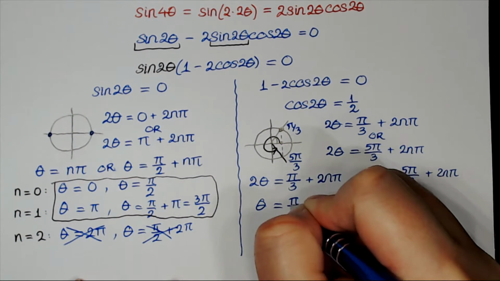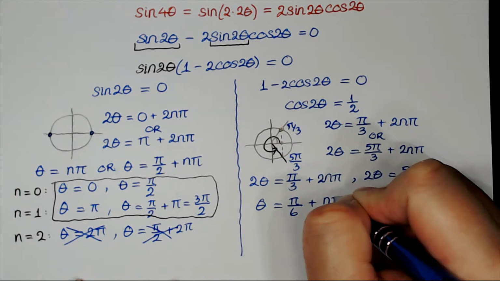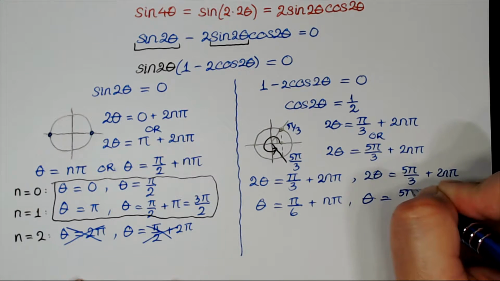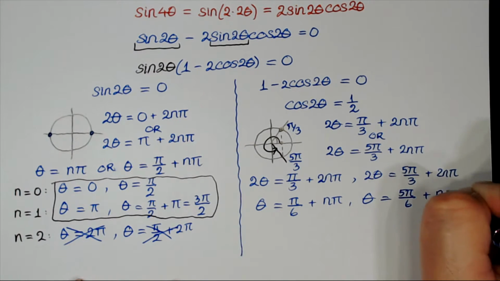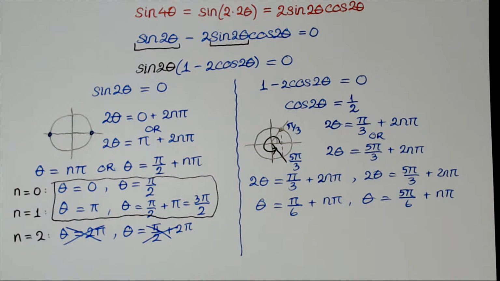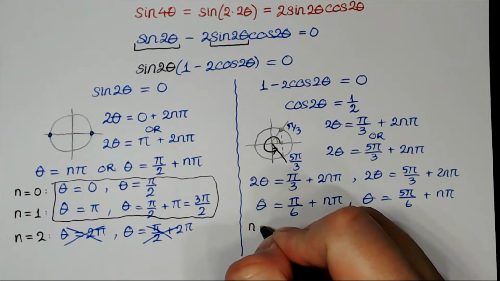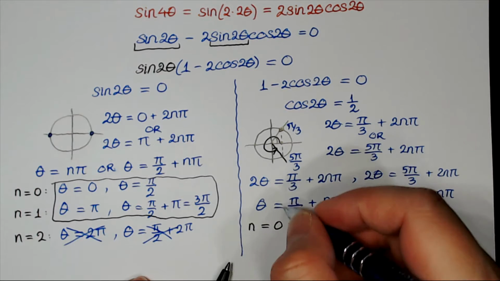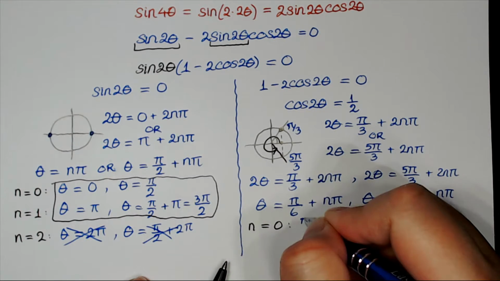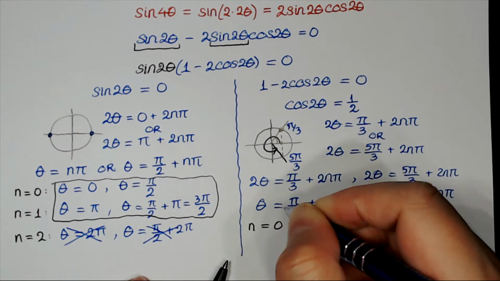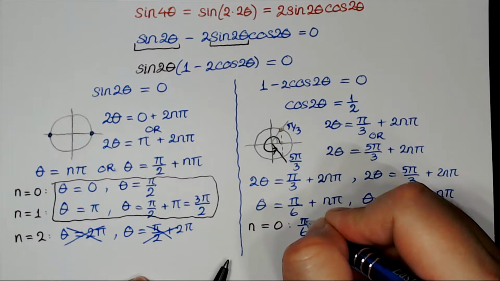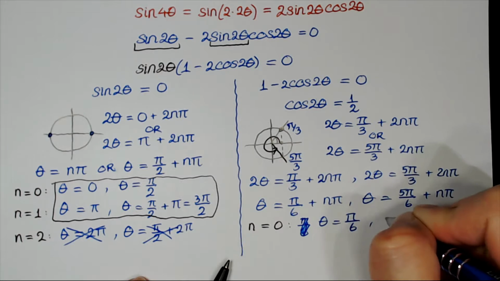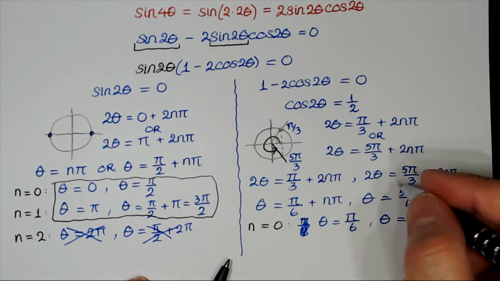We have pi over 6 plus n pi, and 5 pi over 6 plus n pi. And then we choose some values for n. At n equal to 0, we have pi over 6, just like theta equal to pi over 6. And on that side, we have 5 pi over 6.